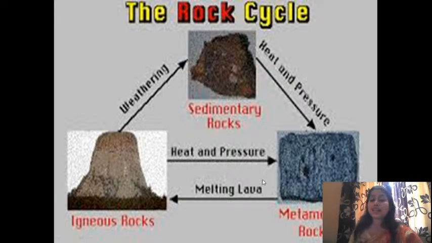So this is the rock cycle. I hope you understand how the different types of rocks are formed. Is it clear? If you have any doubts, write in the live chat section.